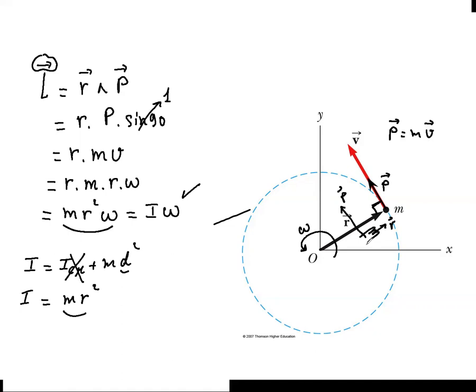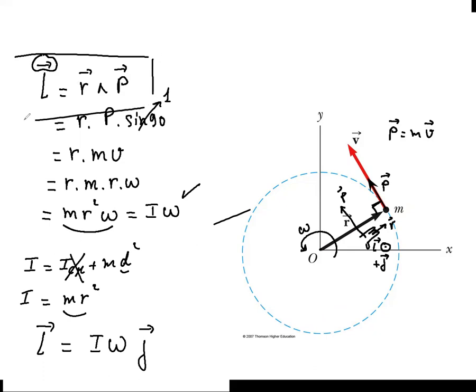So we get L must be out of the page, in the direction of plus j. So here we can write L equals I omega times j. Later, in the next videos, we will have some applications to understand very well the application of this relation.